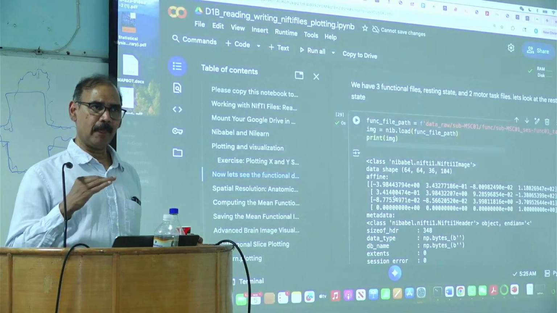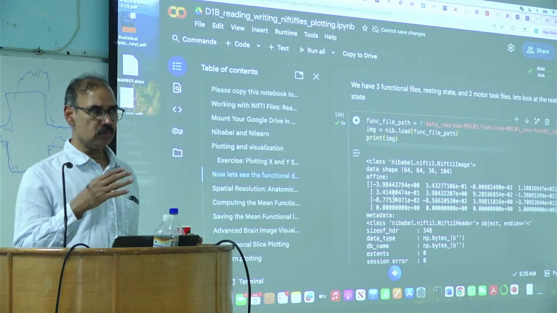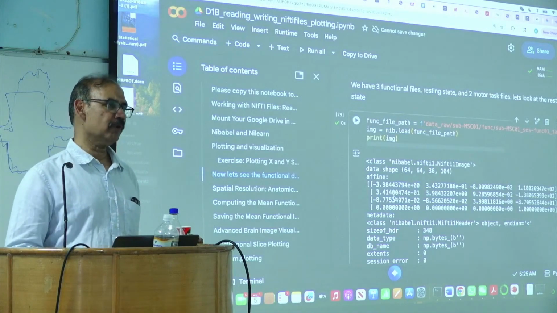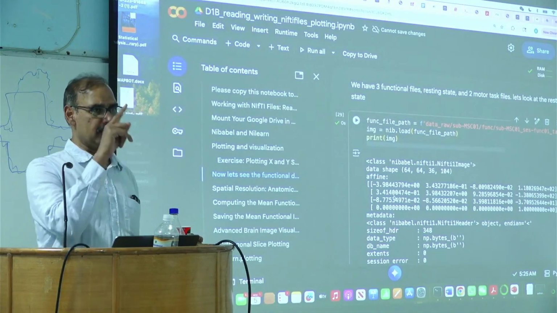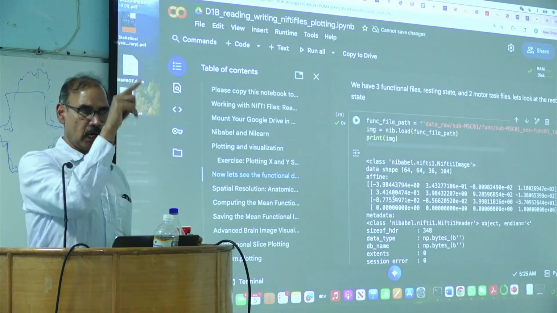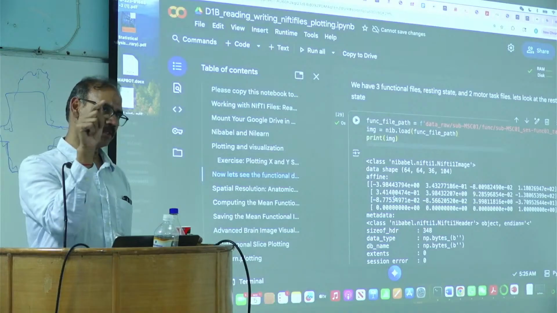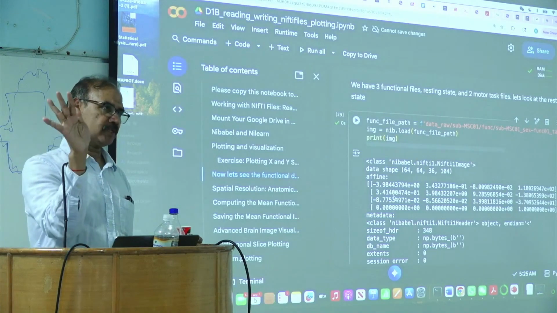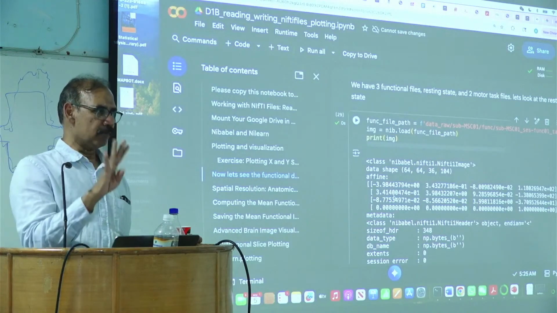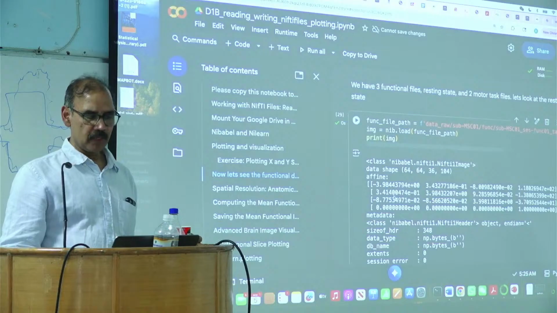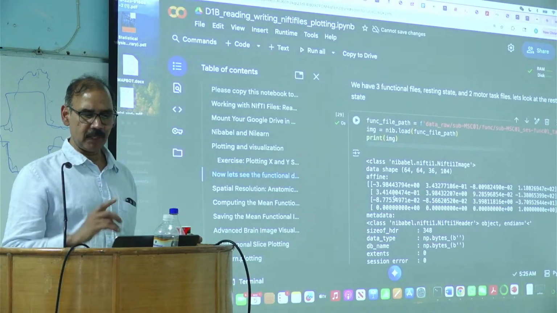The design matrix is 104 time points across 5 different conditions, and then 6 motion parameters, 4 drift terms, and a constant. That's how your design matrix should be.